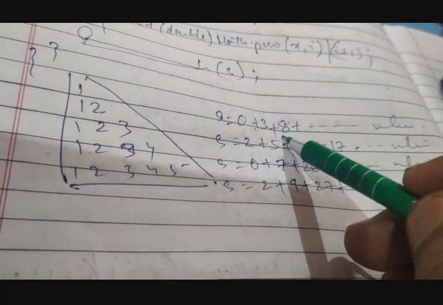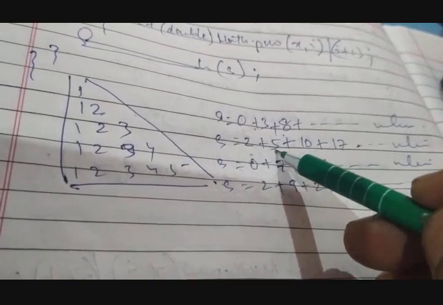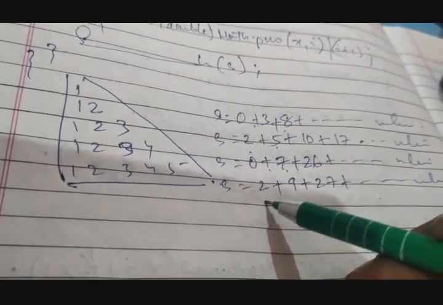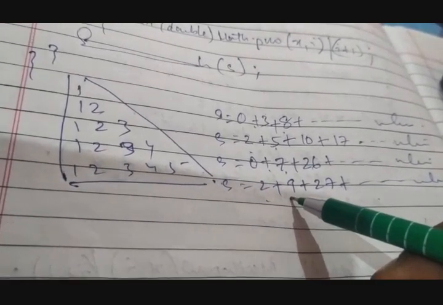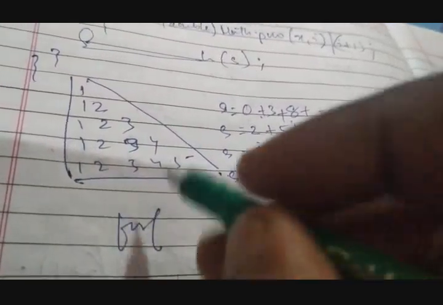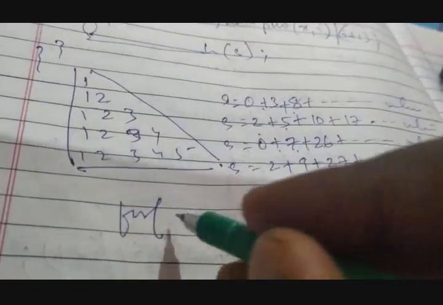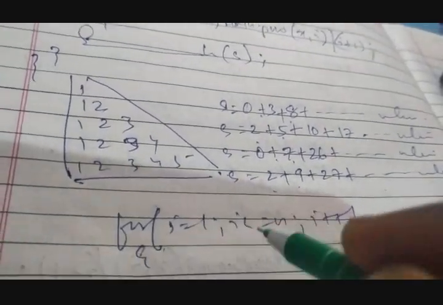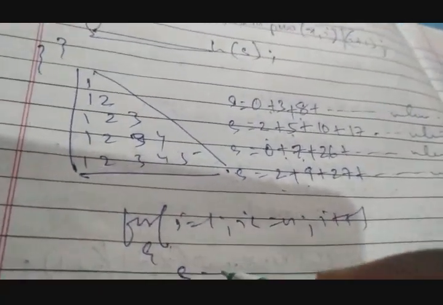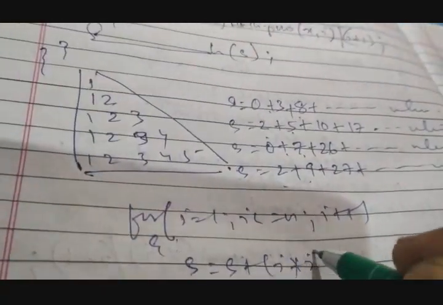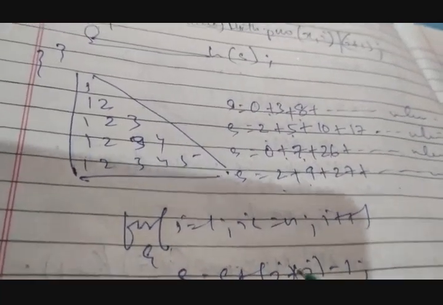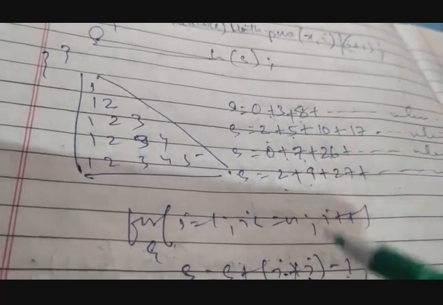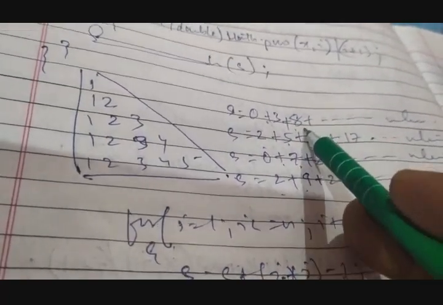So first one is square minus 1, second one is square plus 1, third one is cube minus 1, fourth one is cube plus 1. How we will write it? Everything will be same, rest i equals to 1, i less than equals to n, i plus plus. So it's s equals to s plus i into i minus 1. 1 into 1, 1, 1 minus 1, 0. 2 into 2, 4, 4 minus 1, 3. 3 into 3, 9, 9 minus 1, 8.